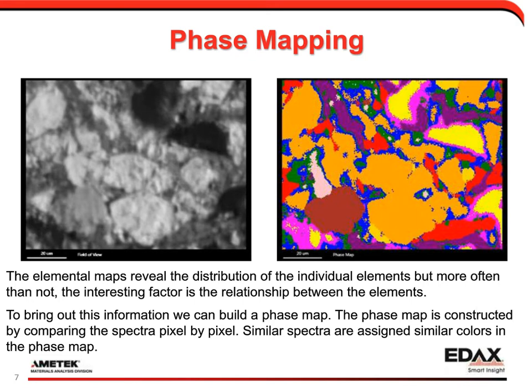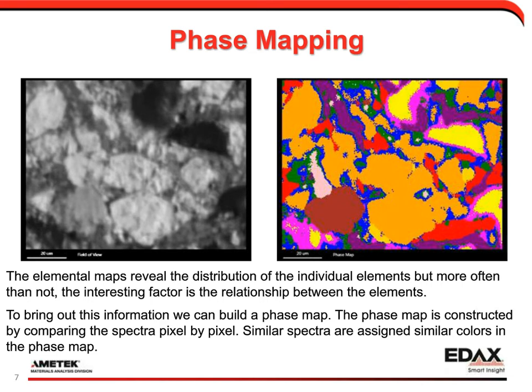But to build a phase map, we compare the spectrum pixel by pixel. And if they are similar to some degree, we assign them similar colors. So we look at the spectra, not the map overlays, but the actual spectra from the individual pixels and determine, are they similar, should they have the same color.